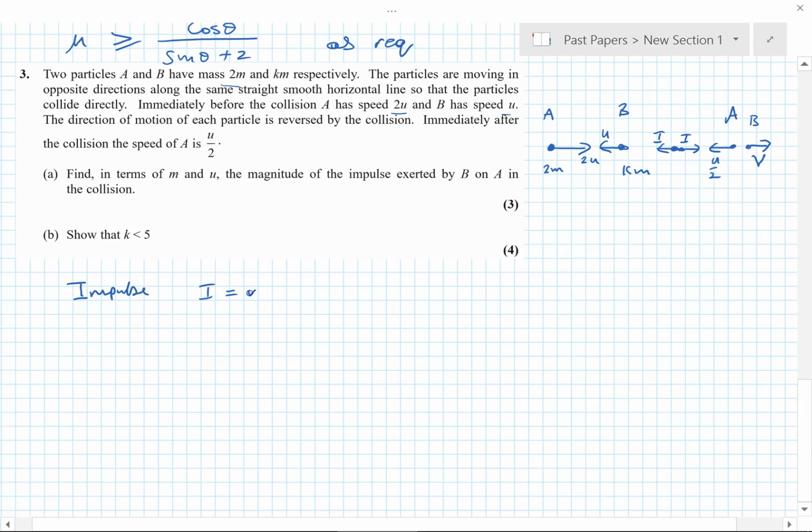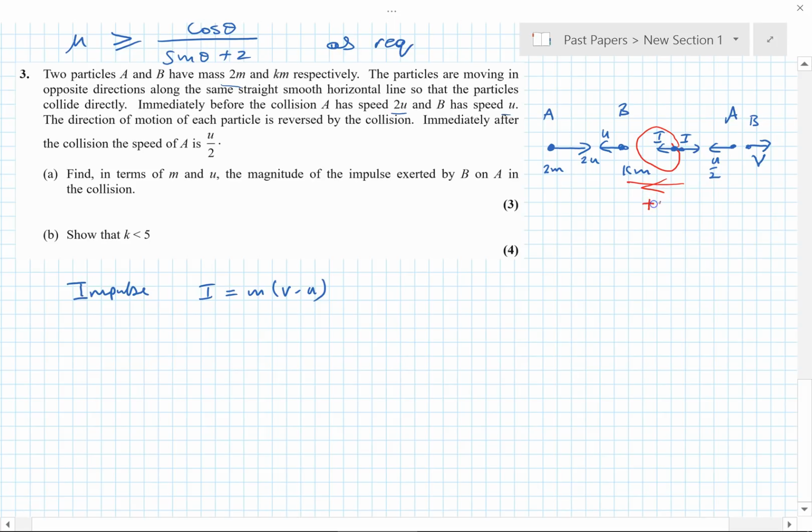I is equal to m(v minus u). We need to be careful, as the impulse equation is notoriously difficult with signs. Looking at the direction of the impulse on A, the force on B and therefore the impulse of B on A is in this direction here.